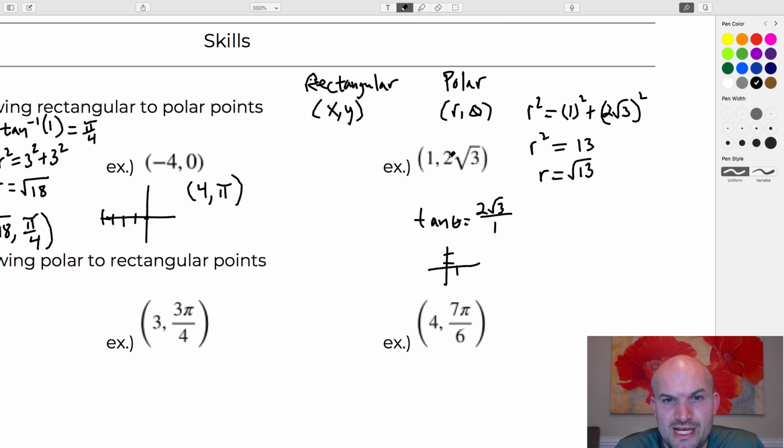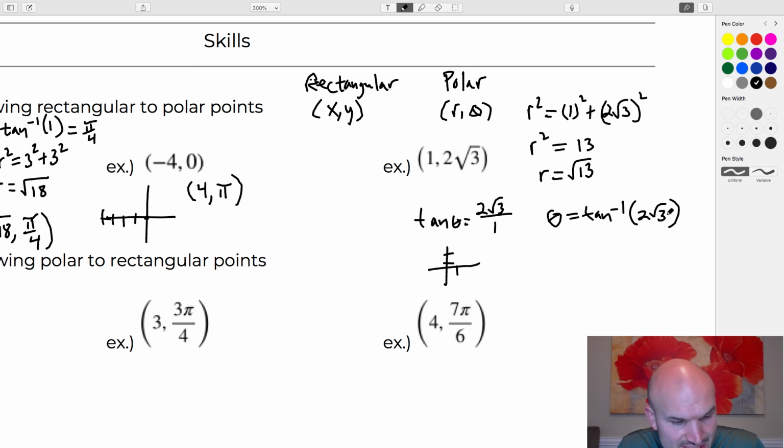Let's just do it as it is. So then theta is equal to the tangent inverse. However, I'm going to want to put this in degrees because my calculator's in degrees. So if I did the tangent inverse of 2 radical 3, let's go and see what that gives us. So I do the tangent inverse of 2 square root of 3.